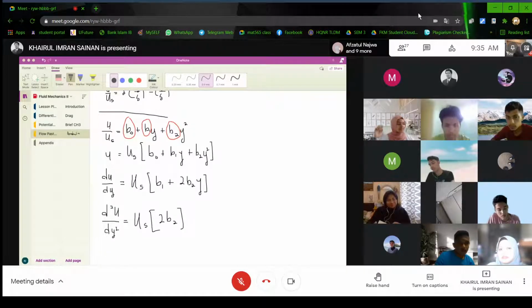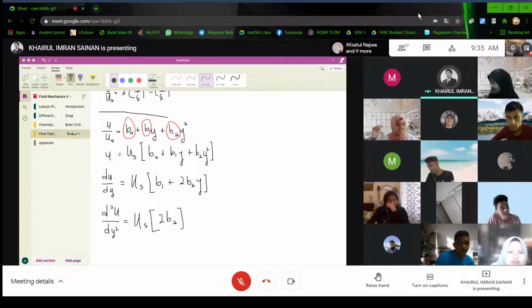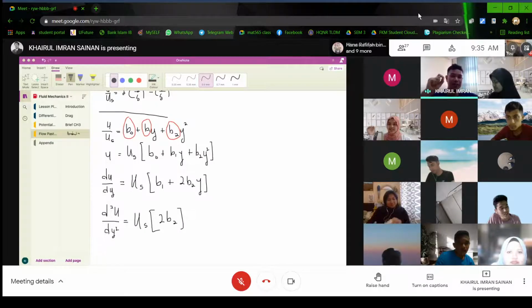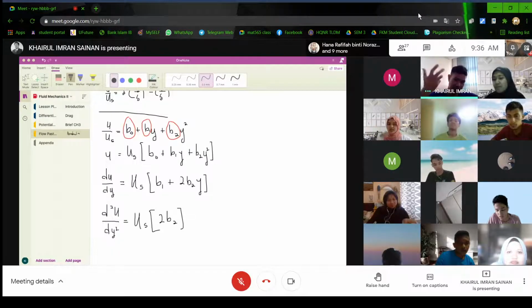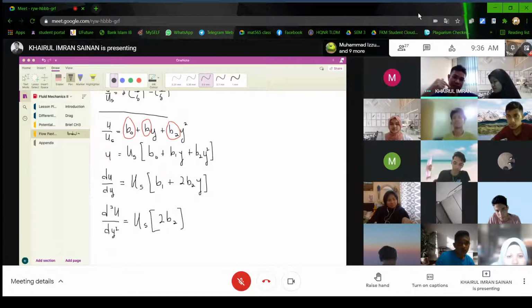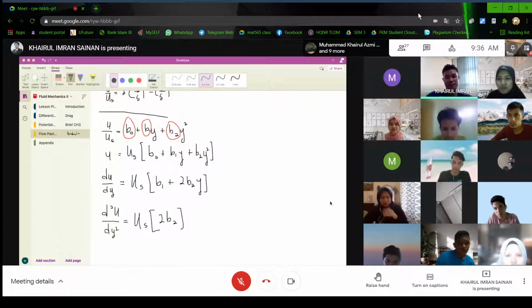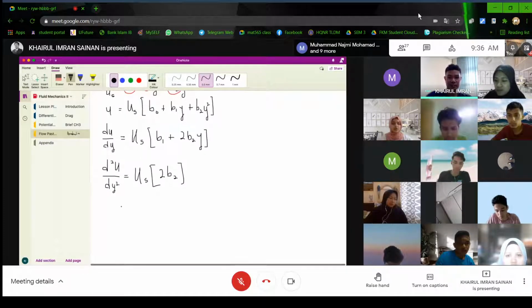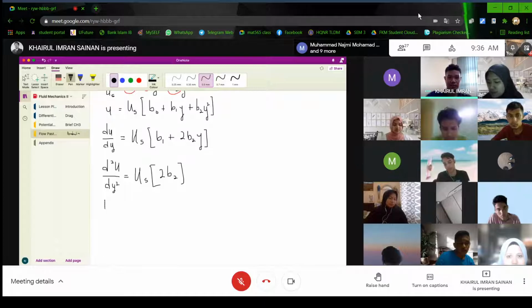No, that one is cancelled out. But the thing is, we apply something in order for us to get the constants. Boundary condition. Okay. So we need to apply BC.